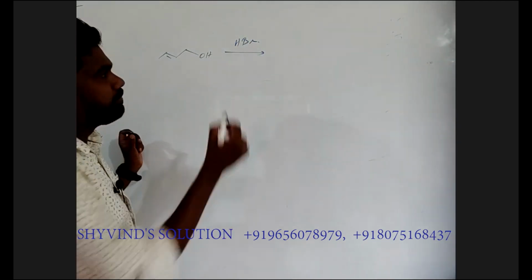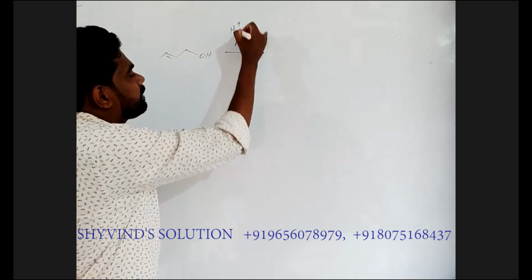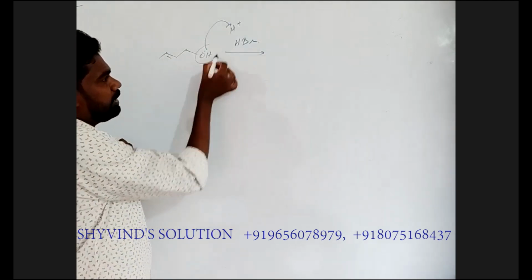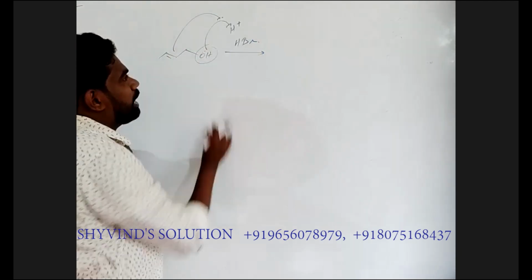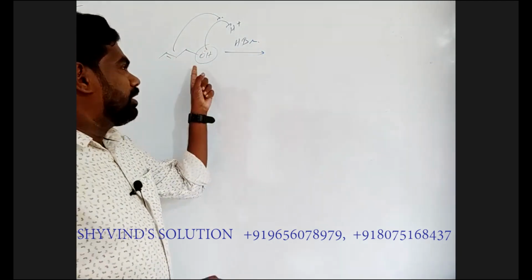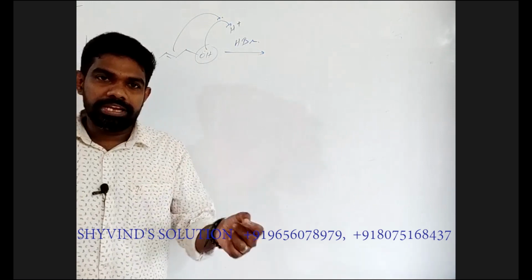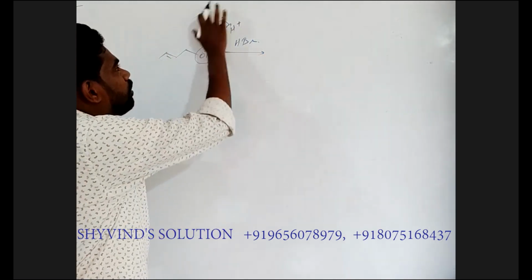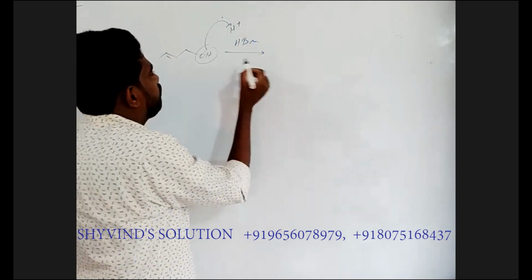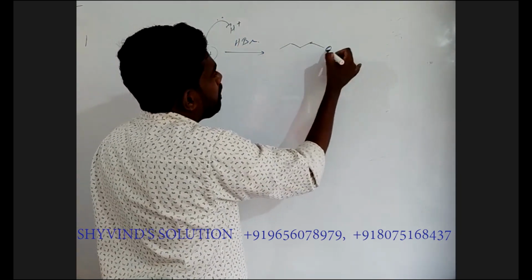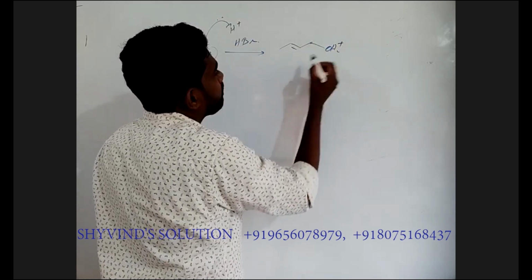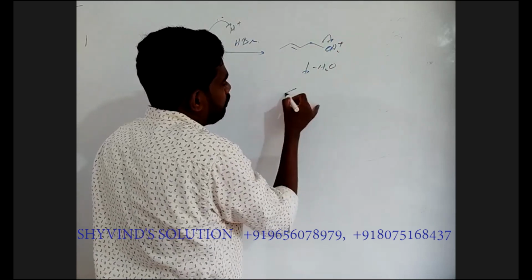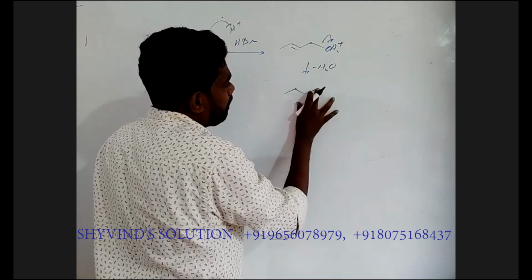So first step, HBr is an acid, so it will react with acid. So we have two options here. One is this one, and this can also react with H plus, but we know the lone pair of oxygen is more reactive than a double bond, so this will undergo reaction. So let's go for this one. So it will form OH2 plus, eliminates water, minus H2O. So we will get a carbocation here.